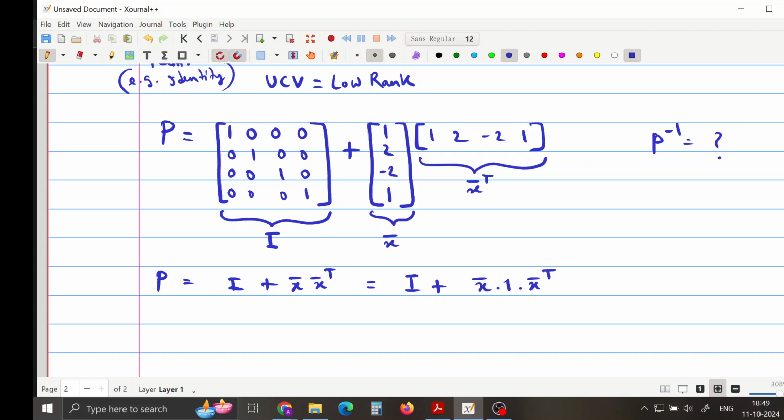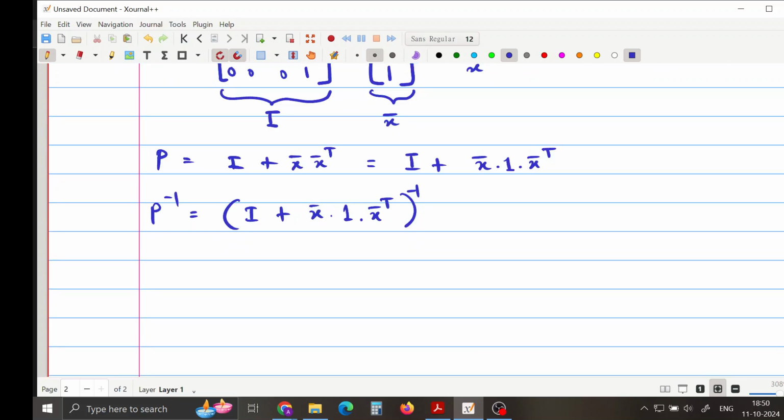So this is just the scalar 1. So now you see what P inverse is. This is simply (identity plus this whole thing) inverse, and now this has a similar form to that of (A plus UCV) whole inverse.